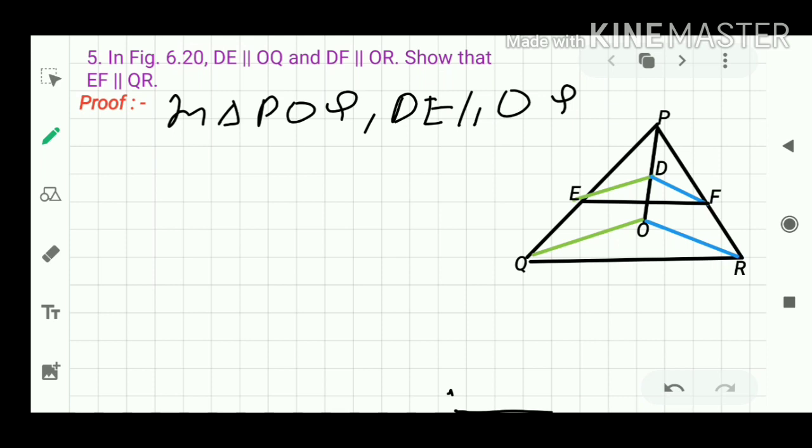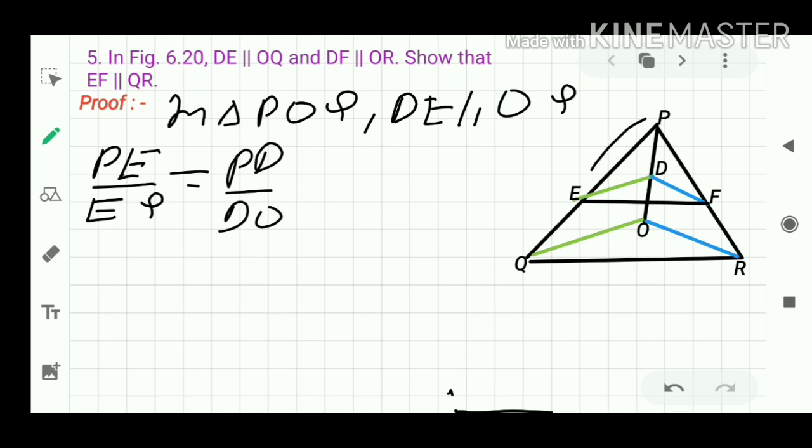So we can write PE by EQ equal to PD by DO. See in the picture, PE by EQ equal to PD by DO because of Thales theorem. Equation 1 by BPT.